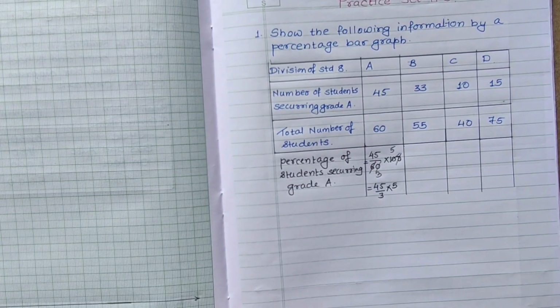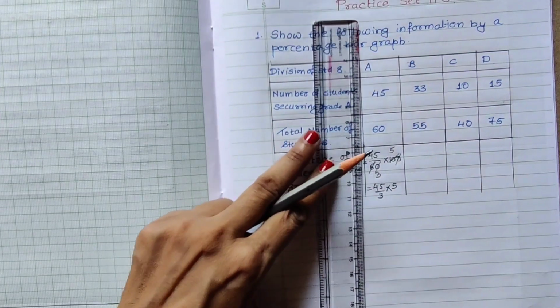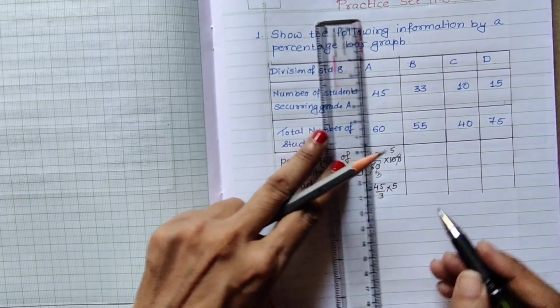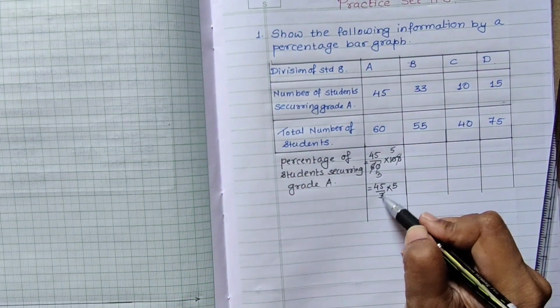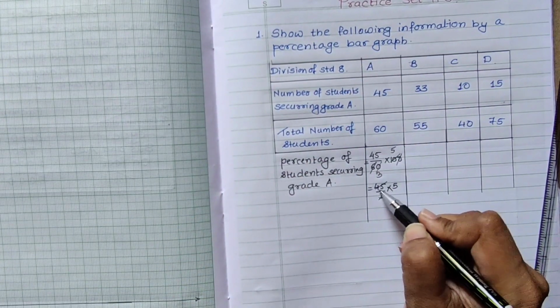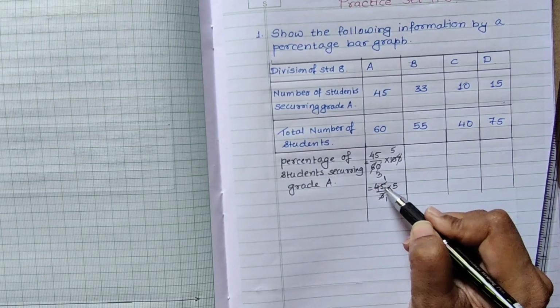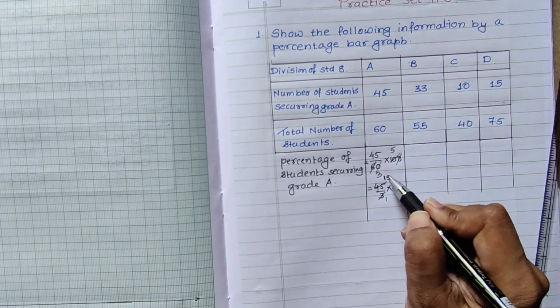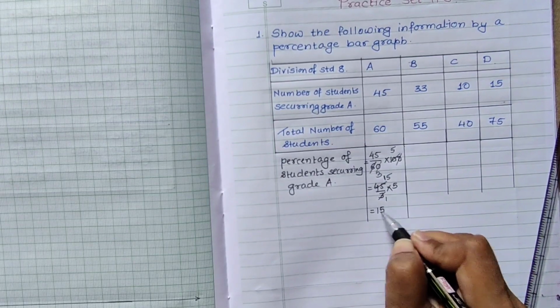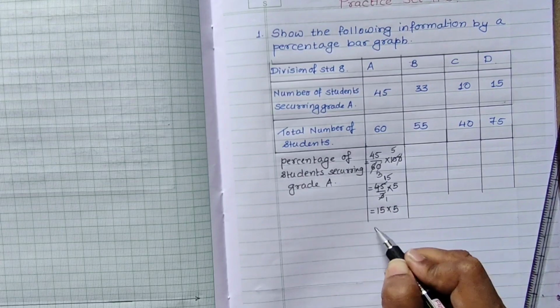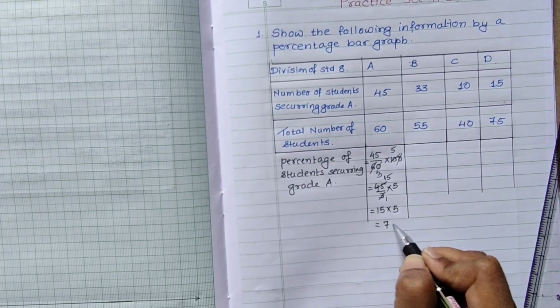Okay. Now let us again cancel this 45 by 3. 3 ones are 3. Again 3 ones are 3. 4 minus 3, 1 remaining. This 5 means 15. 3 5s are 15. So we are getting 15 multiplied by 5. 15 5s are 75.